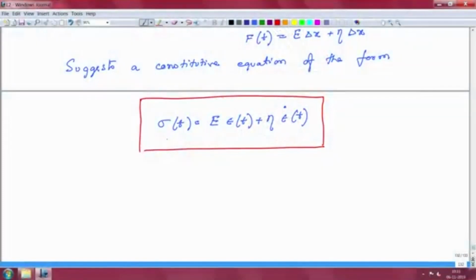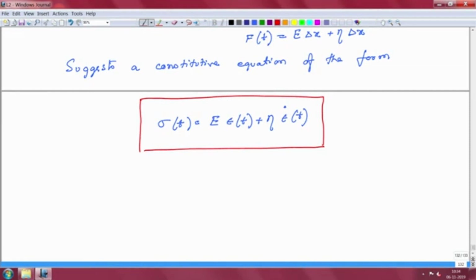We ended up with a linear ODE once again in the stress and the strain, where the stress is expressed as a function of the strain plus the strain rate multiplied by suitable factors.